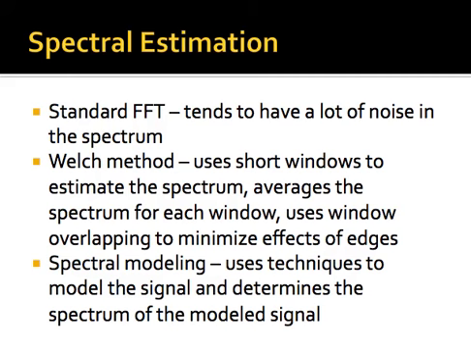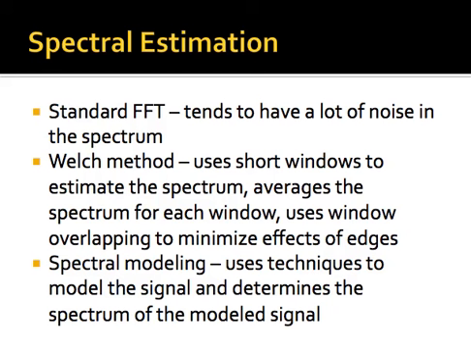Another issue is if you look at a standard FFT of EEG data, you find that there's a lot of noise in the spectrum. So the spectrum looks as noisy and trashy as the raw EEG signal. Of course it's very hard to tell any kind of characteristic state, any kind of characteristic shape, because you have these noisy FFTs. So there are a couple of methods that people use to smooth the spectrum.